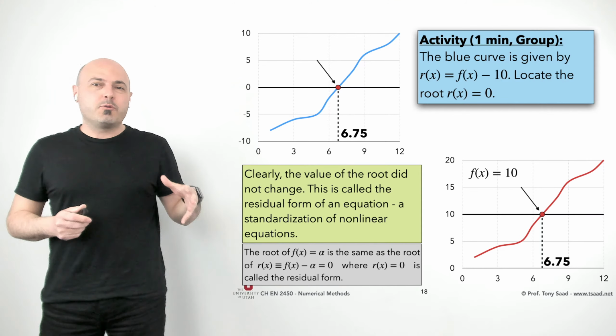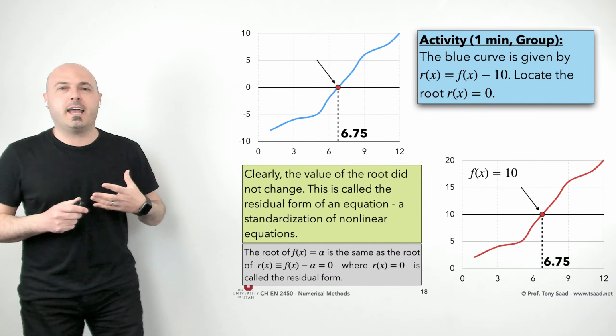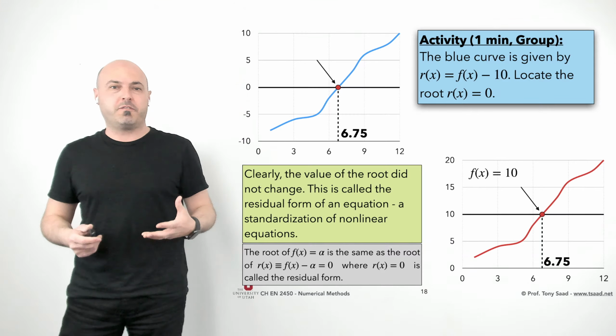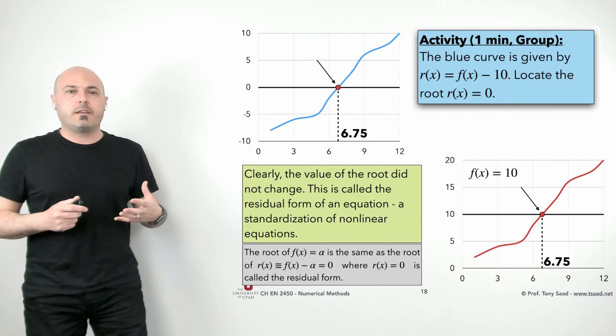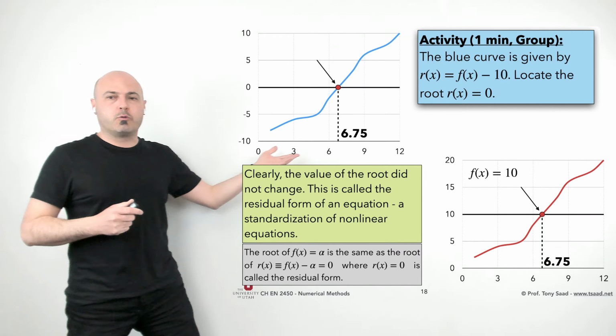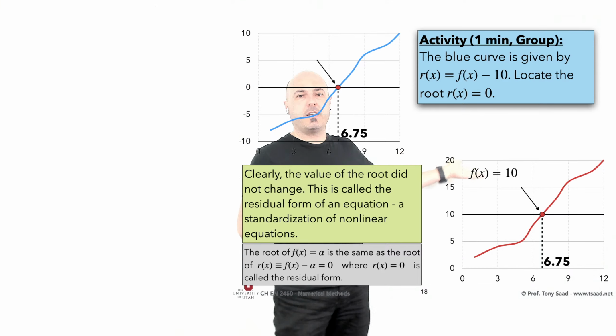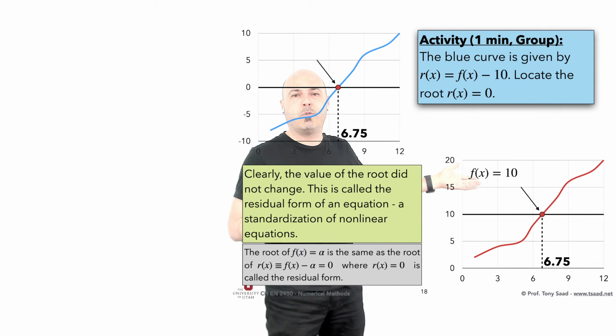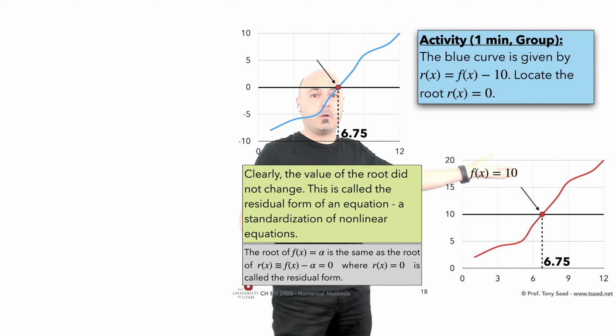And last time, if you recall, we left off at this thing called the residual function. We were talking about finding the root of a function f of x, like could be cosine x or log cosine x equal 10.